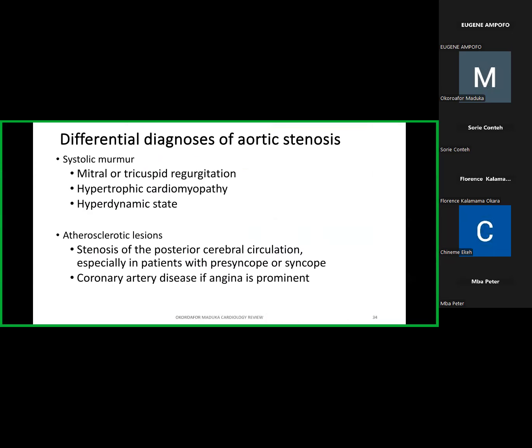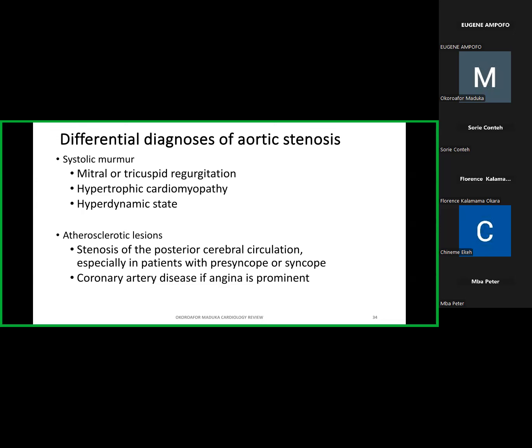Now, the differential diagnosis of aortic stenosis could be suggested if you're picking up a systolic murmur. The patient could be having a problem from the mitral valve, or could have hypertrophic cardiomyopathy. If you're thinking of an atherosclerotic lesion, for instance, the patient presenting with syncope, you want to find out whether this patient has aortic stenosis or a posterior circulation stroke.